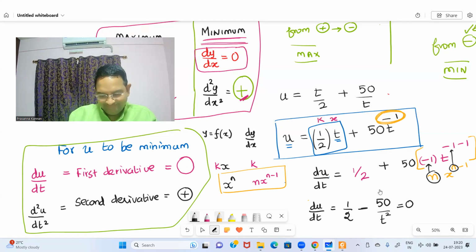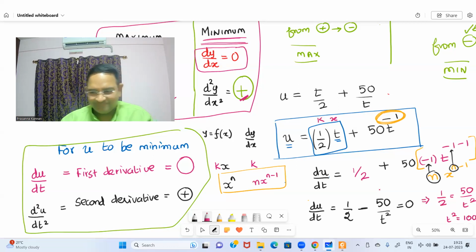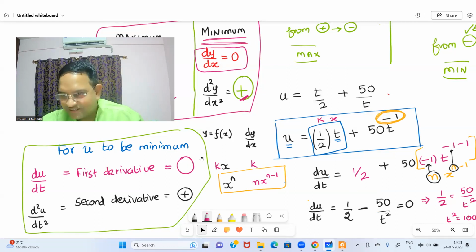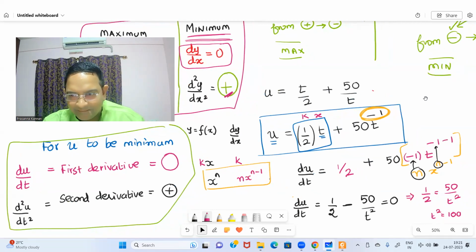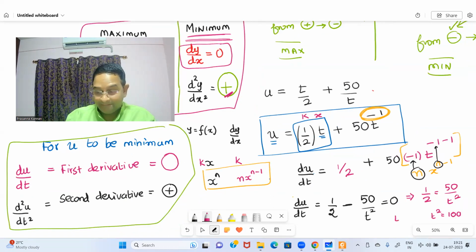So 1 by 2 is equal to 50 by t square. So what is t square? How much is t square, students? 100. So what do you get for t? 10. T is 10.